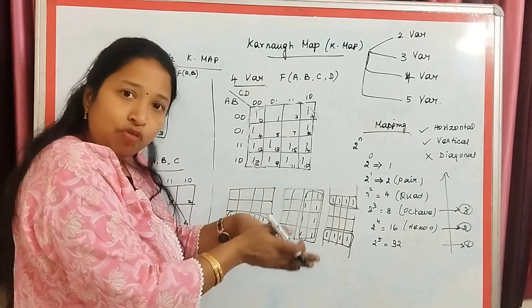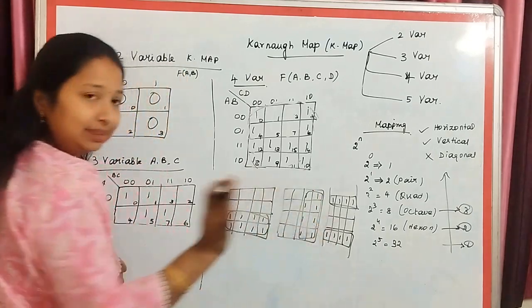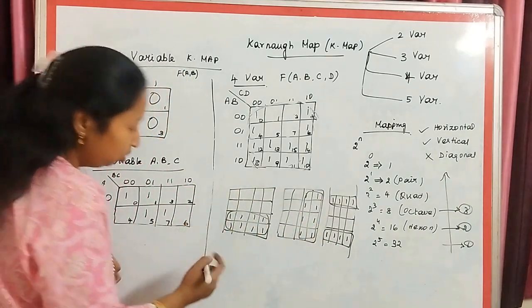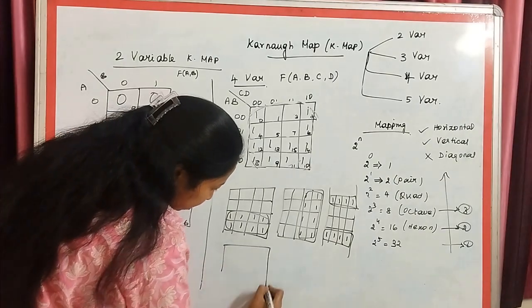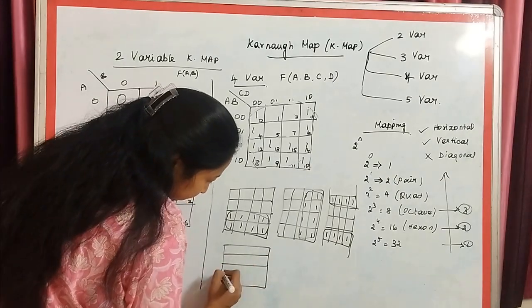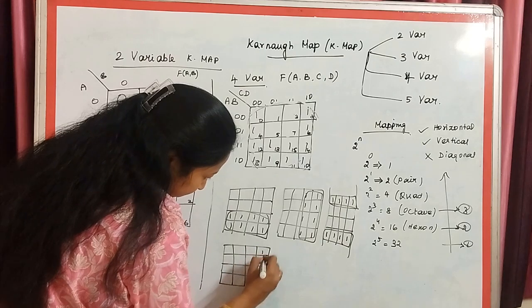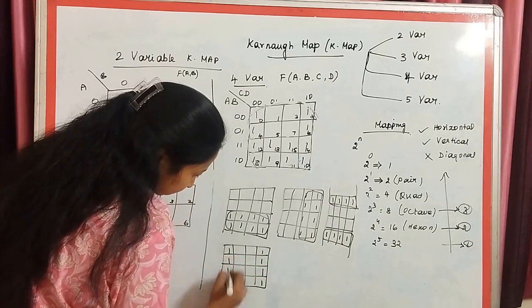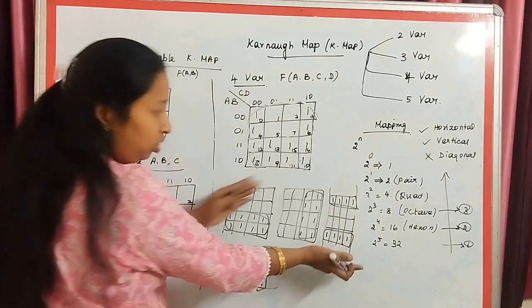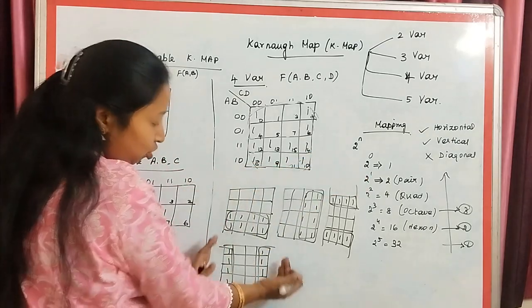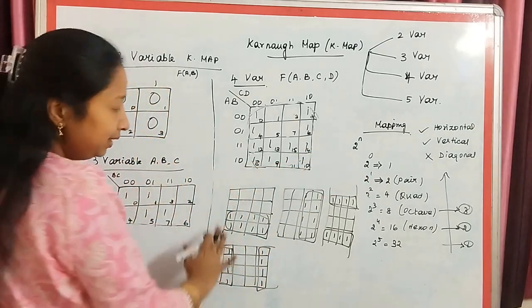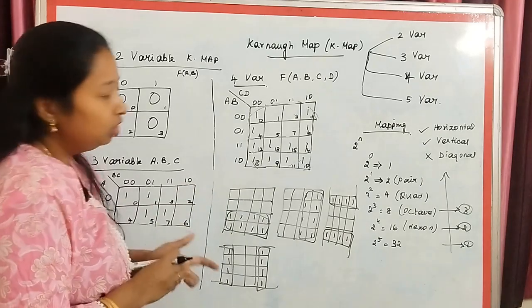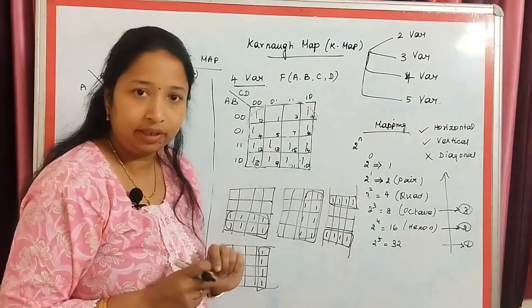Clear? This is like folding. So this again is a valid way of considering it as an octave. The other combination is like this. This is folding horizontally and this is folding vertical. Got it? These are the different combinations through which we can consider them as an octave.